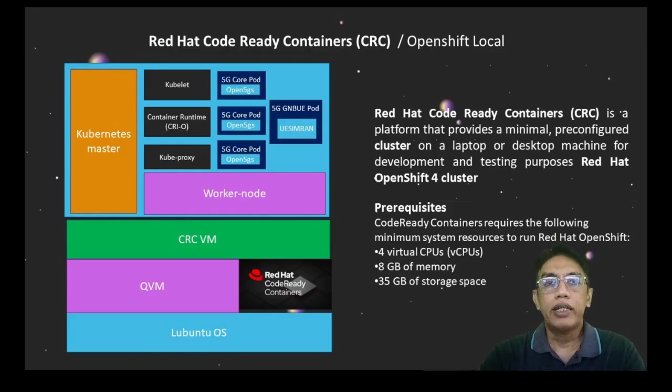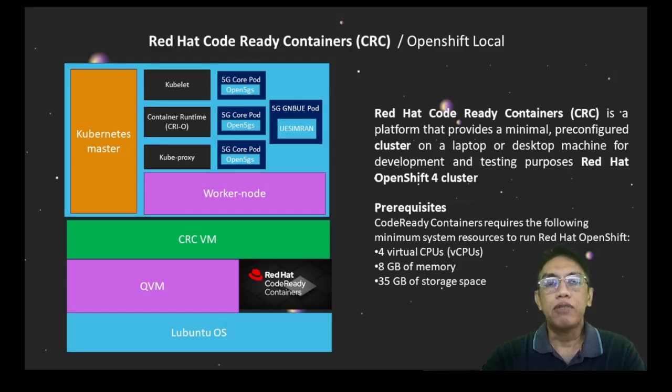The Red Hat CodeReady Containers, or CRC, is a platform that provides a minimal pre-configured OpenShift cluster version 4 to be installed in our laptop or desktop for testing and development purposes. It has minimum system requirements of 4 virtual CPUs, 8 GB of memory, and 35 GB of storage space.